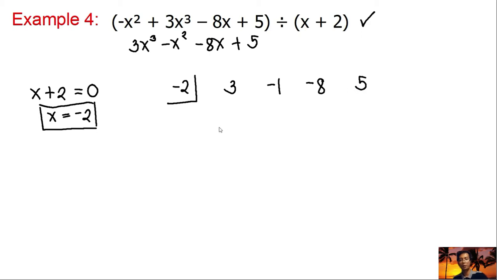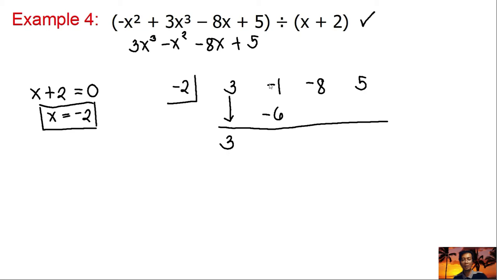Then perform synthetic division. Okay, first step, bring down the first number, which is 3. So, lagay po dito is 3. Okay? Next, times 3 times negative 2. Correct? That is negative 6. So, susulat natin si negative 6 sa side po na to. Then, add.